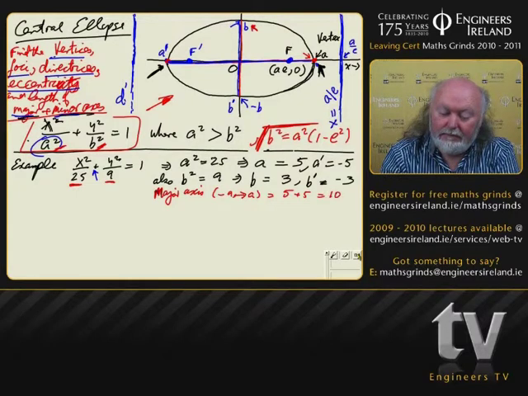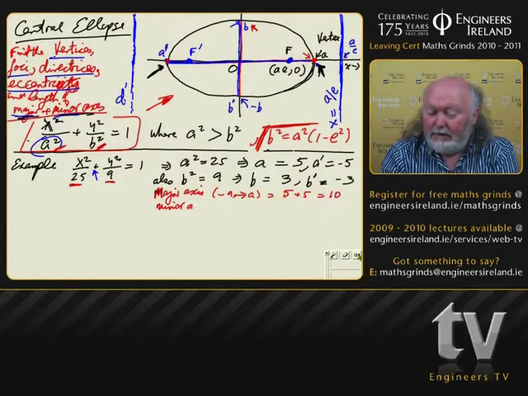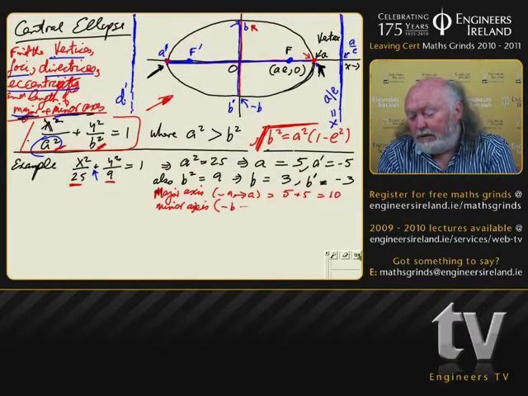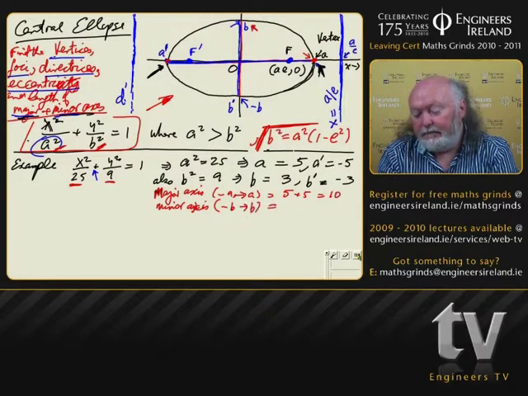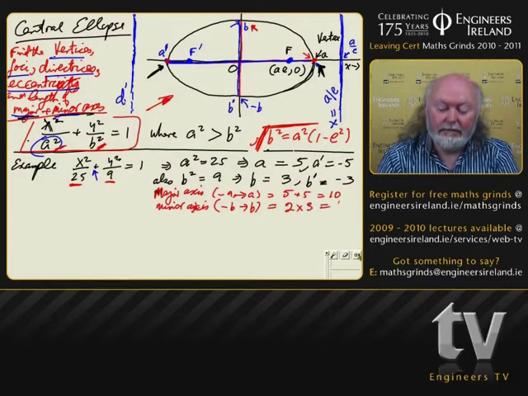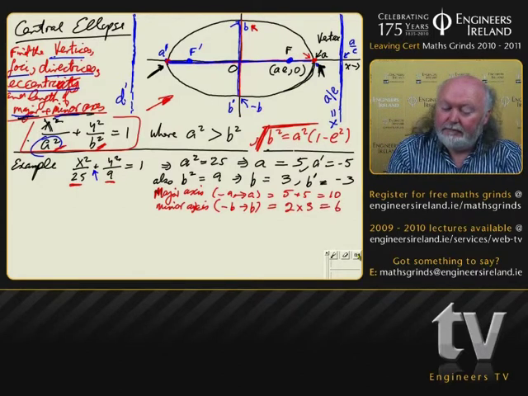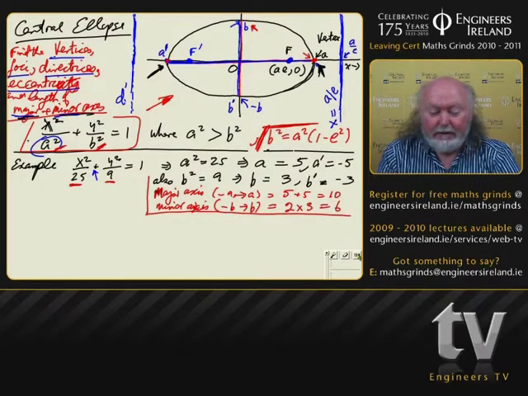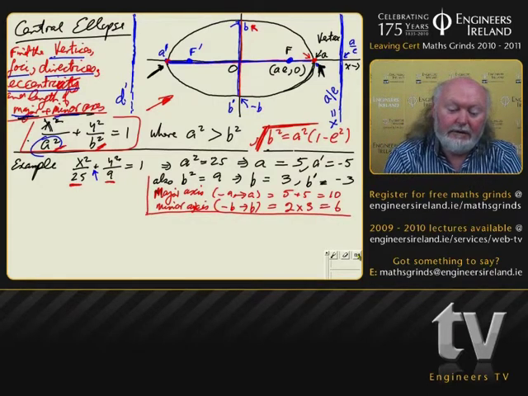Minor axis goes from minus b across to b, which is equal to twice the b value. Now you couldn't call that difficult, at least not without laughing. So we have now got that bit done and that bit done.